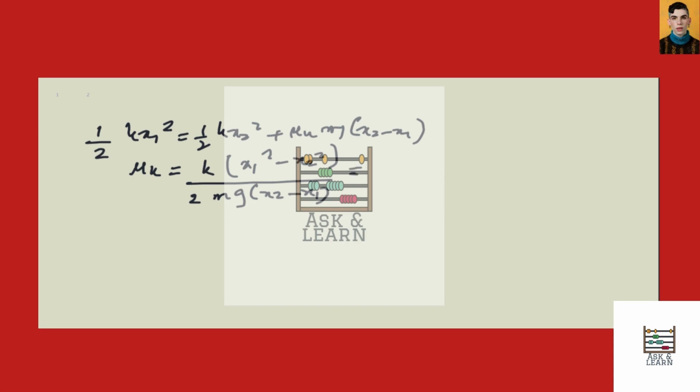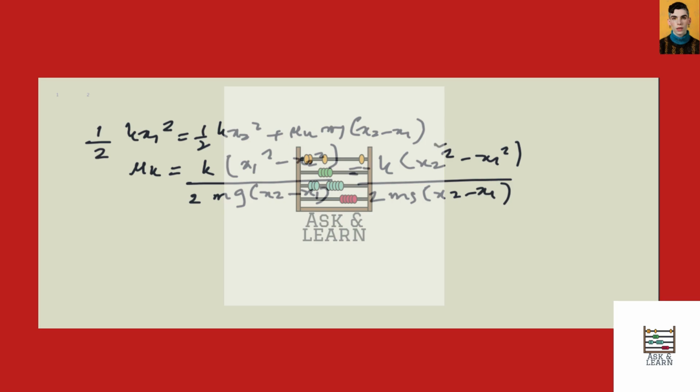All right, in this equation, we could just plug in the values, but this can actually be simplified. We can write the numerator as negative, x2 squared minus x1 squared. I've just multiplied the whole thing by negative and divided by 2 mg times x2 minus x1.